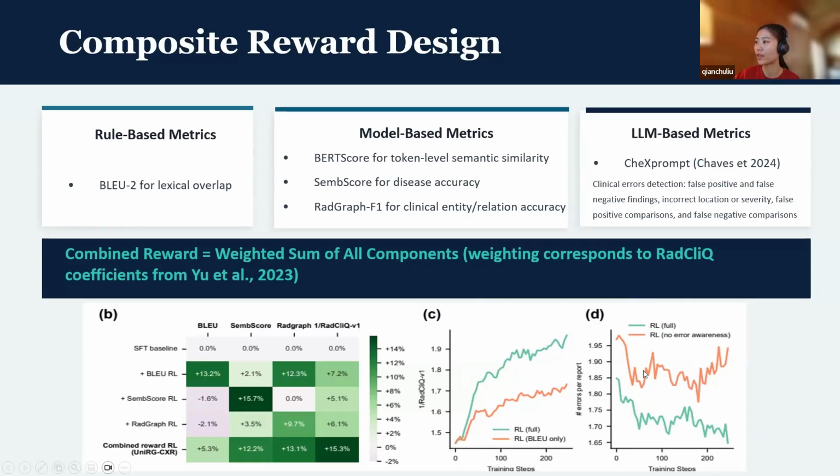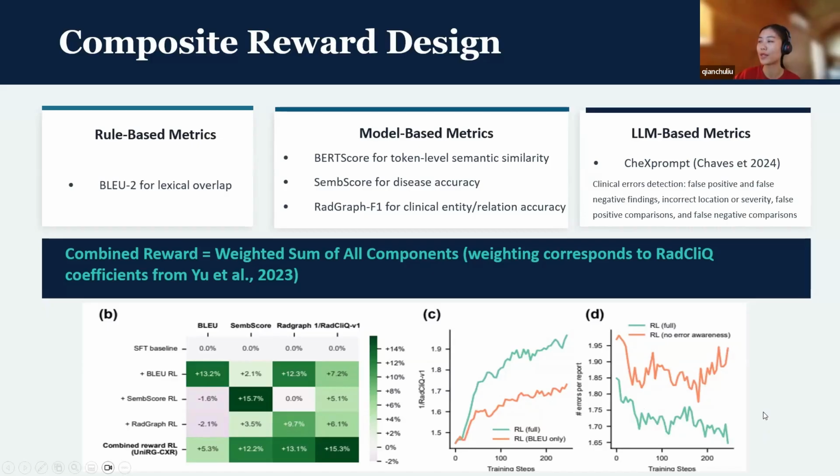And then in figure D here, again, we show that if we remove the LLM-based metric, which helps us explicitly remove errors from the report, then this red line here on the top shows a stagnating reduction trajectory. But when we add the full composite, we can see a very clear decreasing trend for the model to be able to reduce these errors in the output.